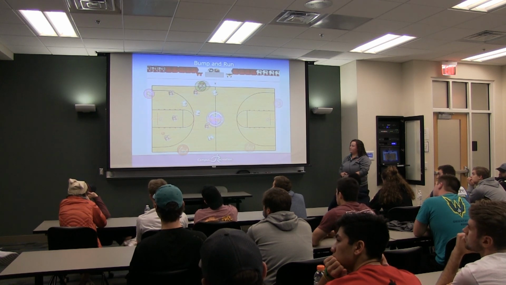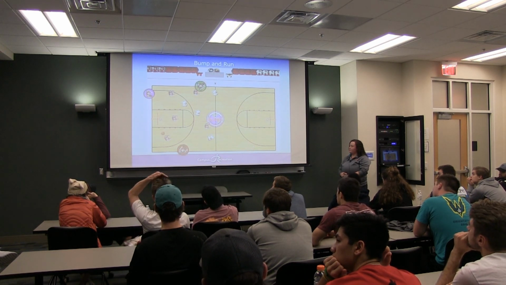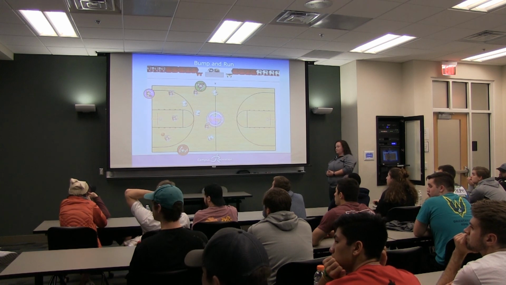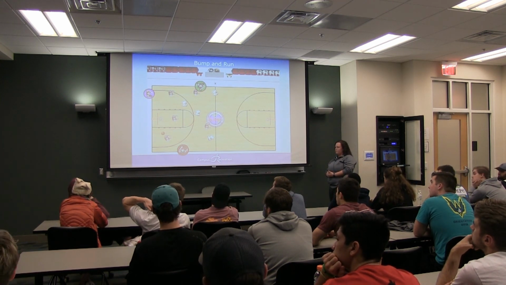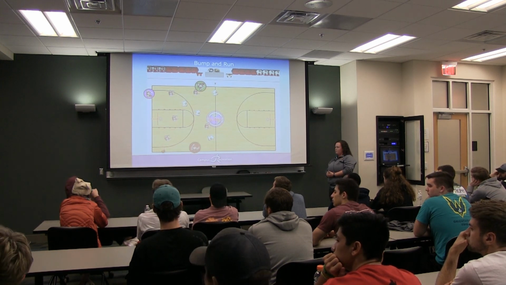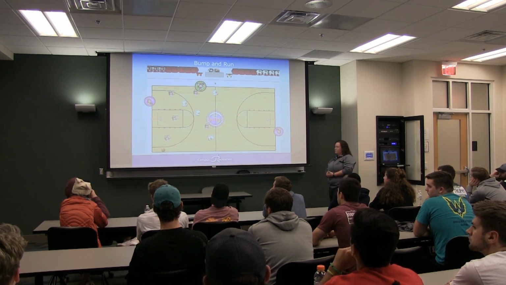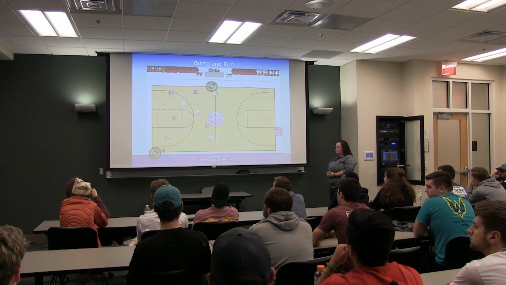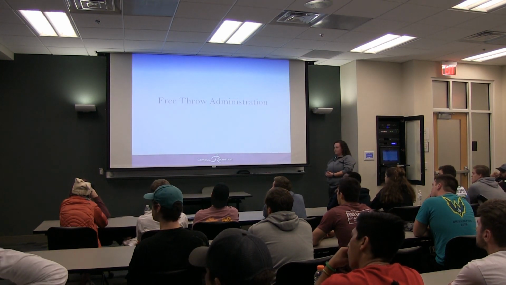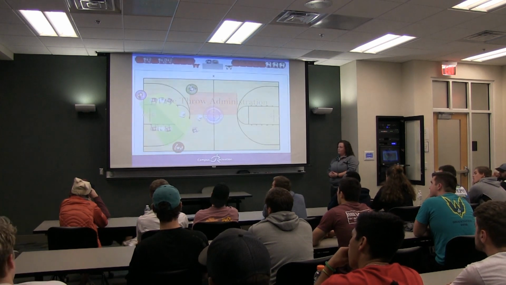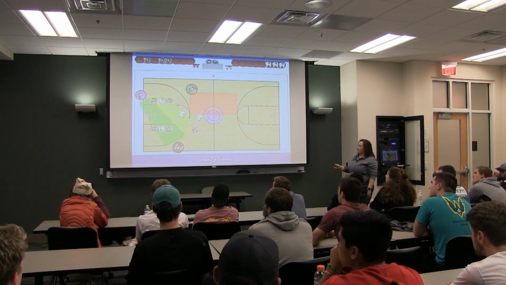The lead, who is now going to become the trail, will always inbound the ball in the backcourt, going the other way. So the one in blue will always inbound it, regardless of where it goes out of bounds in the backcourt. It's just the easiest way to do it. It's the least amount of running for everyone. Just remember that for free throws, okay.